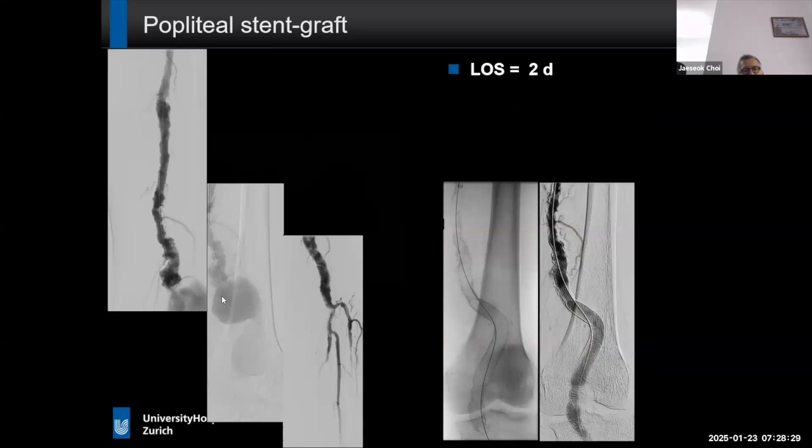See here the aneurysm and the flow slows down in the turbulent aneurysm, and opacification of the distal artery is less good. So you have to inject really distally to see the outflow artery. This one has good outflow arteries, and we place the stent graft.